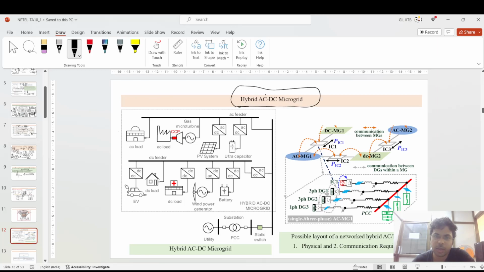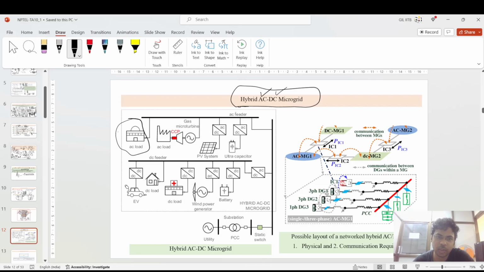So, coming to the hybrid AC DC microgrid, from the name itself you can see that it has both systems: the AC components and AC power generating sources, and the DC power generating sources. In the previous sections, we covered AC microgrids and DC microgrids, and this topic was left, the hybrid AC DC microgrid.